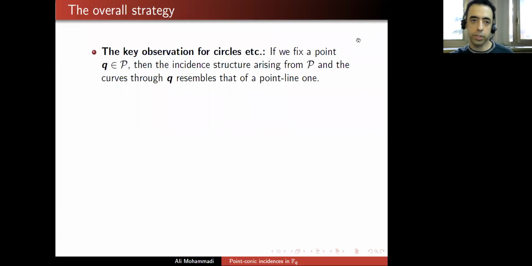So the overall strategy: in the previous simpler argument, we saw that you just sent your curves to lines, and the whole problem just reduced to a point line incidence one. Still, it's very much similar. And since these linear incidences came about, everyone, if you talk to them, would say, okay, yeah, you can reduce it to point line, but I think nobody really knew how.